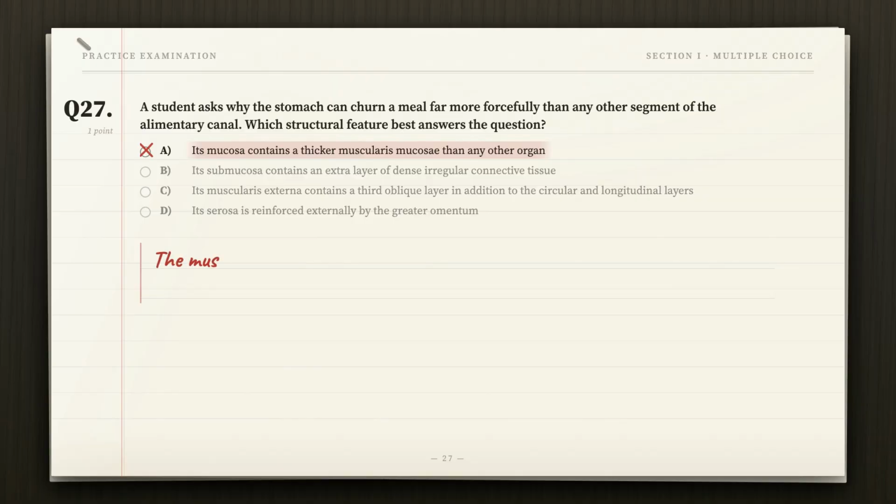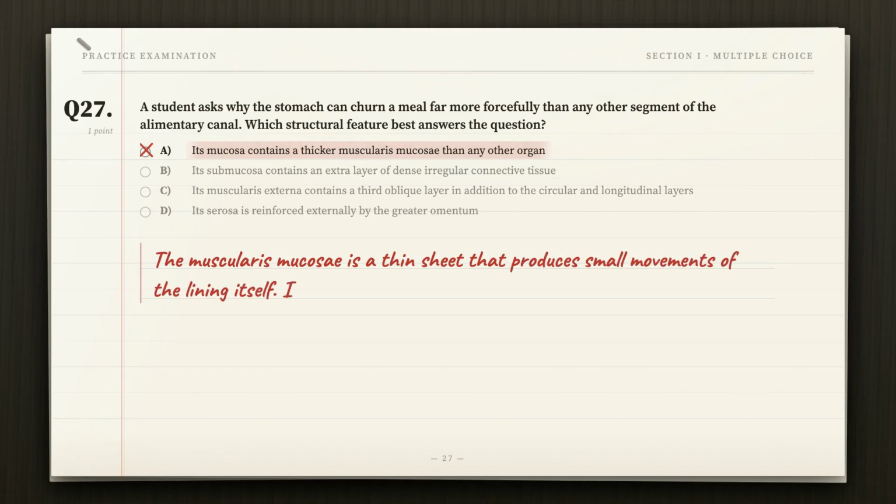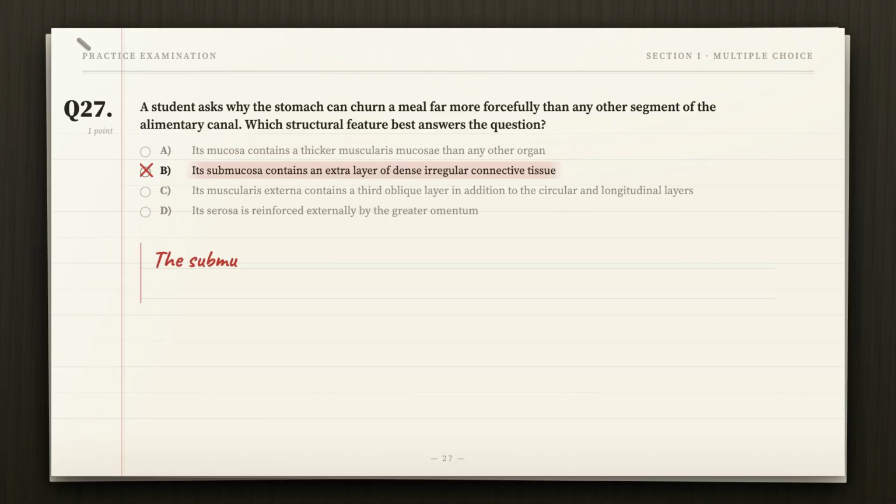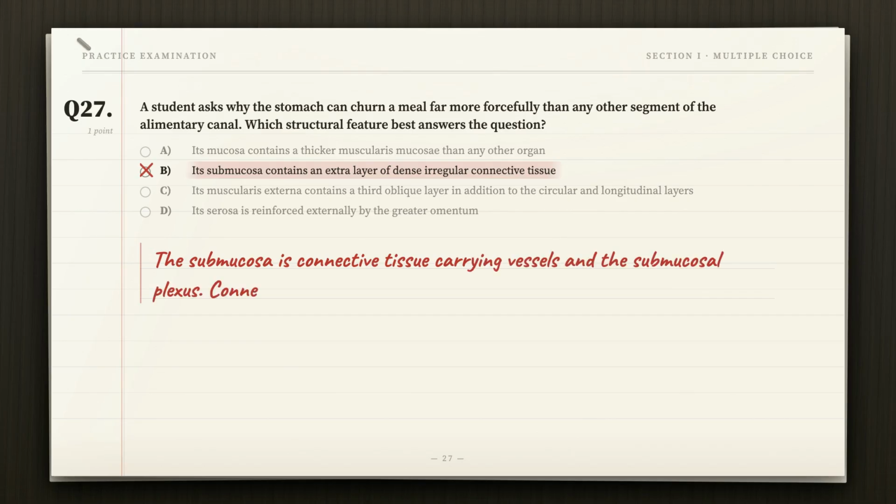A is wrong because the muscularis mucosae is a thin sheet that produces small movements of the lining itself. It is far too slight to churn a meal. B is wrong because the submucosa is connective tissue carrying vessels and the submucosal plexus. Connective tissue does not contract.